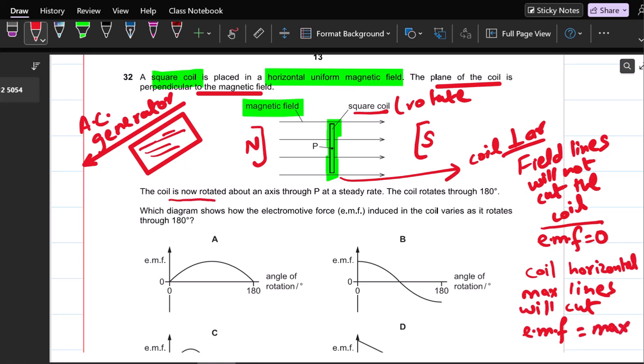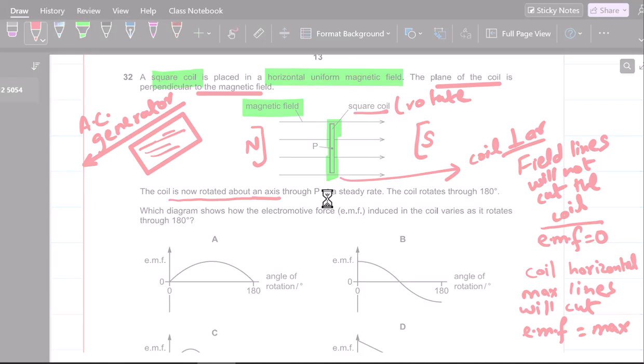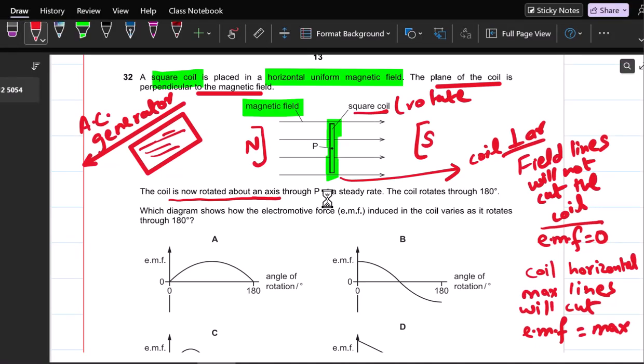So the coil is now rotated about an axis through P at a steady rate. Steady rate means constant speed. ये बेटे P है, the axis which is going to be the rotation point.